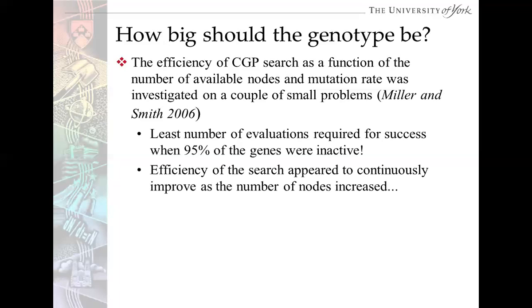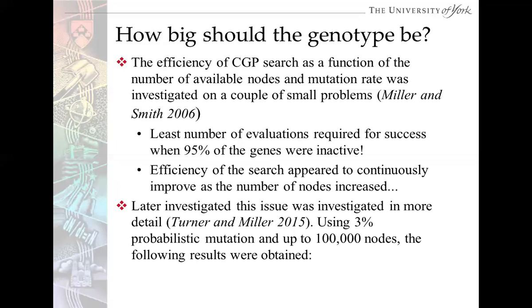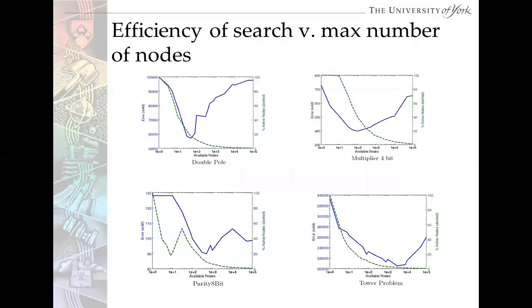So it required a more detailed study to look at this, and this was done by myself and Andy Turner. We looked at programs going up to sizes of 100,000 nodes, and we looked at 4 different problems to see whether there was an ideal size for the genotype.